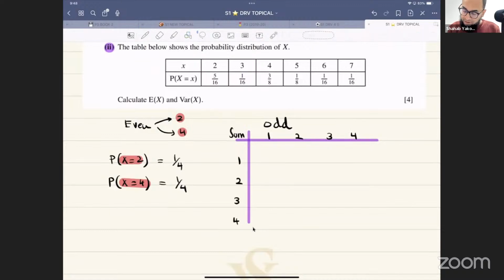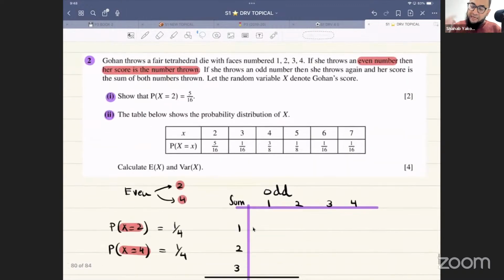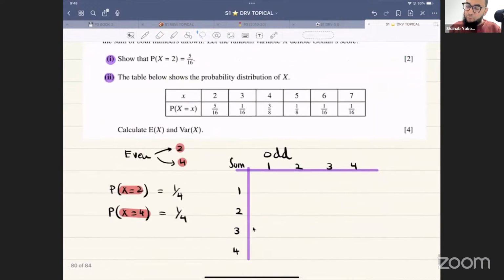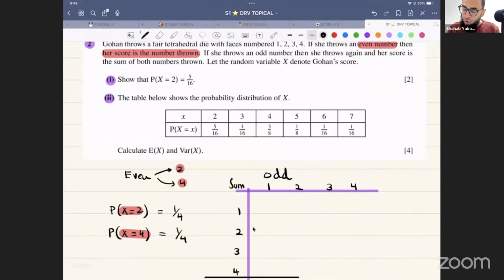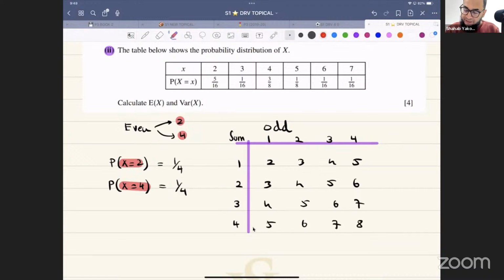So there are 16 possibilities, but we are interested in the odd number. So this is 2, 3, 4, 5, 3, 4, 5 and 6, 4, 5, 6 and 7, 5, 6, 7 and 8. But I am interested in the odd number, so I'm interested in this line and in this particular line.